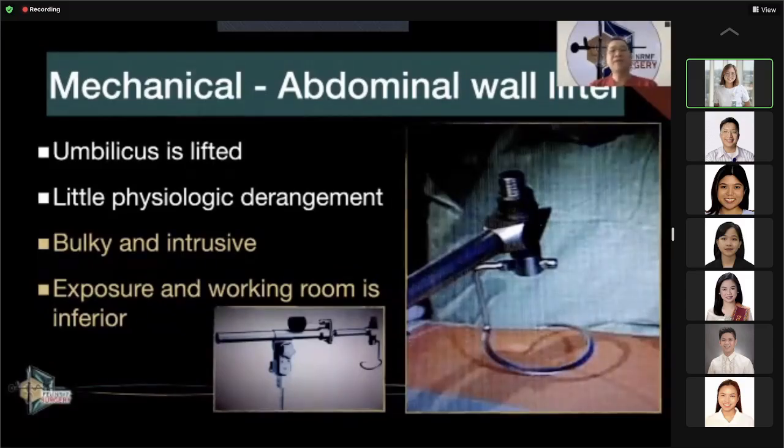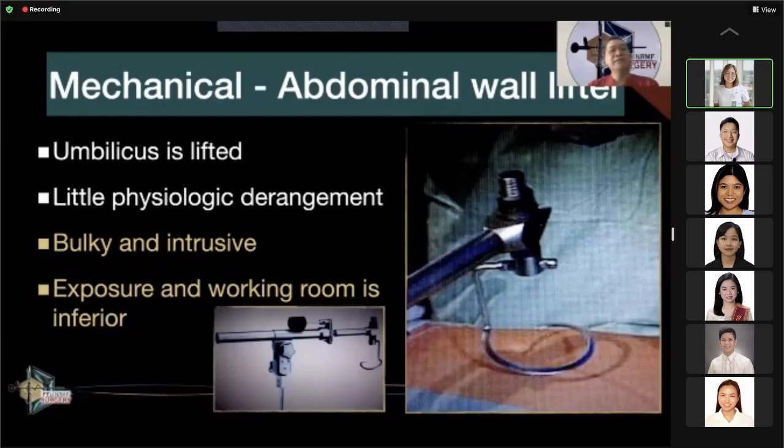The problem here is there is limited space in the peritoneal cavity because all of the bowels will go towards the midline. So you lift the abdominal wall, you have a certain effect of the lifting of that abdominal wall. You also compress the bowels towards the midline.